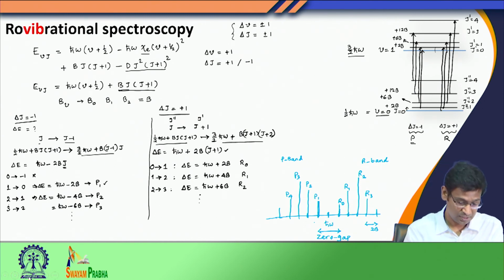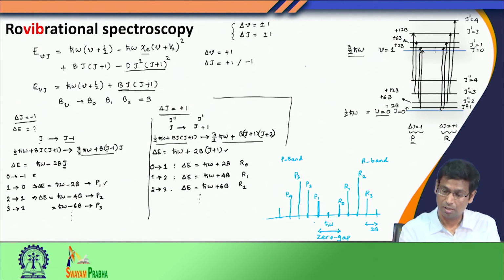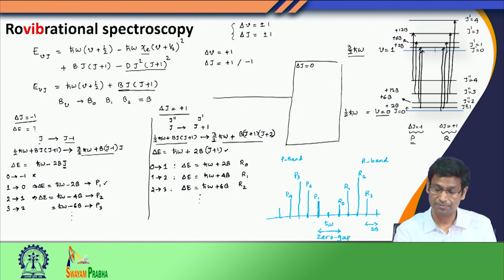So, just to continue our discussion, I would like to fit everything in this, so that we have everything right in front of our eyes. Delta j equals 0 transition. So, we have j double prime equals j prime.